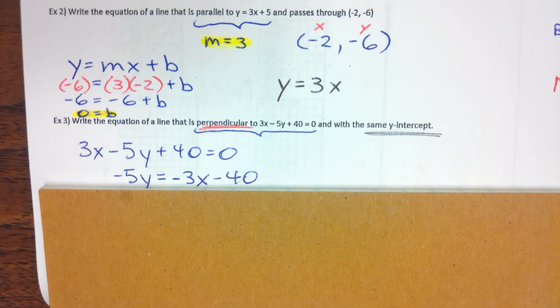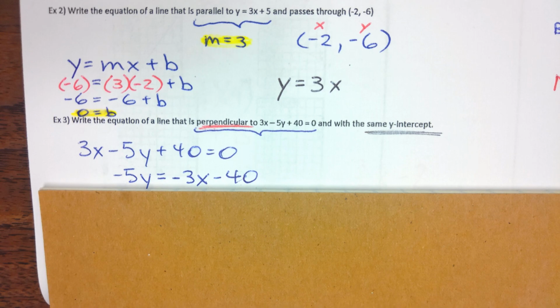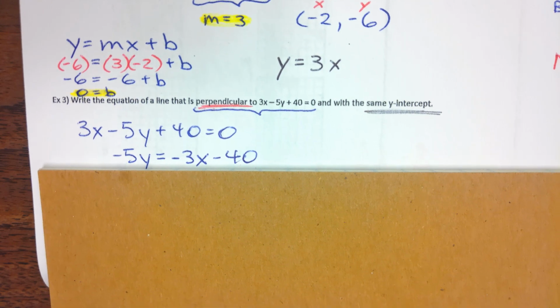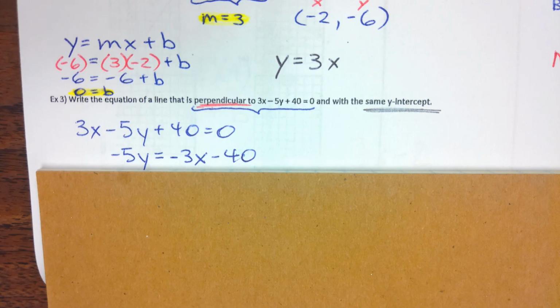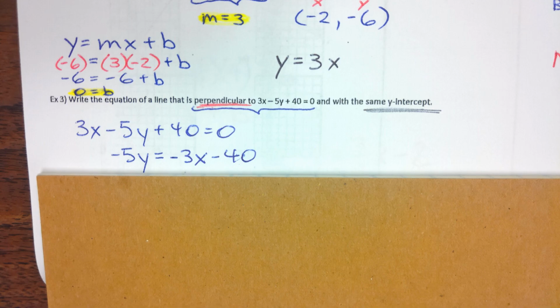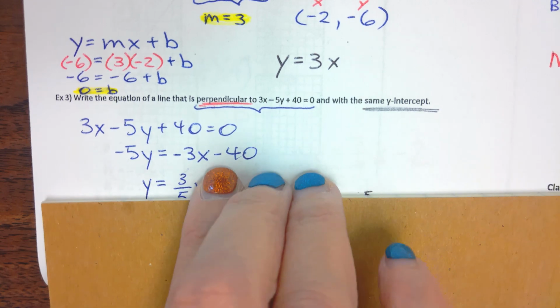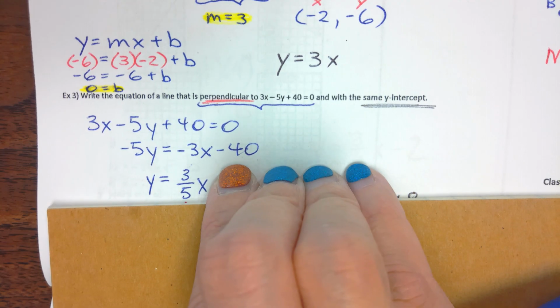Oh, you're thinking x and y intercepts, but we're just rearranging the equation so that we can see what our slope is. All right, what do I do with that -5 now? Excellent, divide it. Right, so what's -3 divided by -5? You get positive 3 over 5. And what is -40 divided by -5?